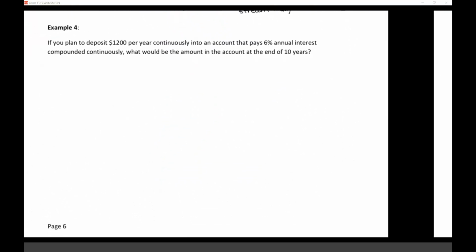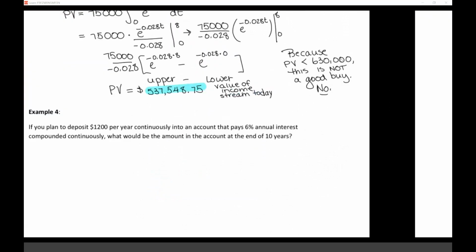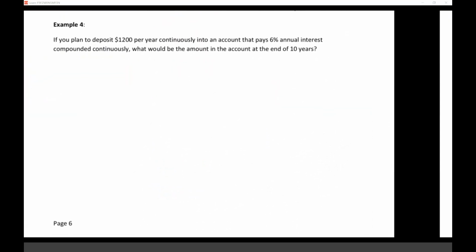Here's a different type of problem. If we plan to deposit $1,200 per year continuously into an account that pays 6% annual interest compounded continuously, what would be the amount in the account at the end of 10 years? Basically, this is a future value question, because they're asking what it would be worth in the future.